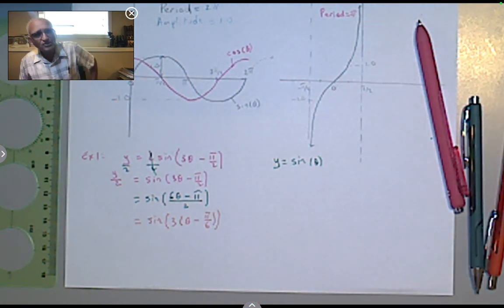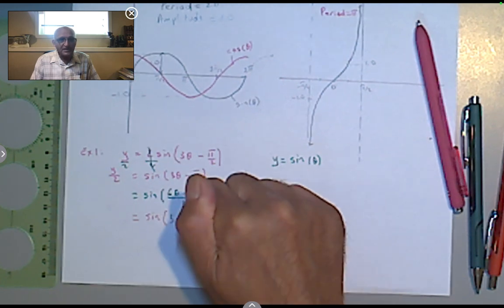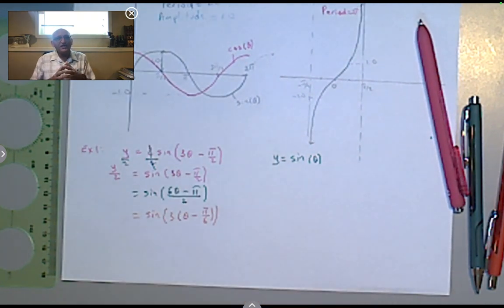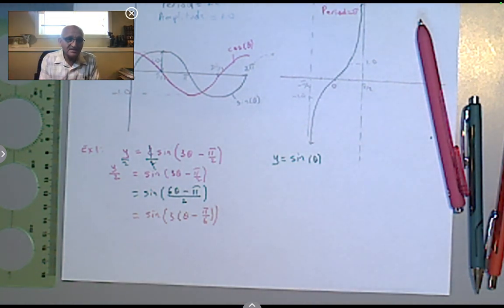See how many ways you can do it? If you try each one in your free time, you'll see if you get the same graph. In fact, we can use a calculator and plot all three, and because the math is correct, you will end up with the same exact thing.